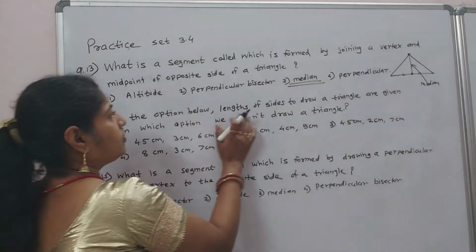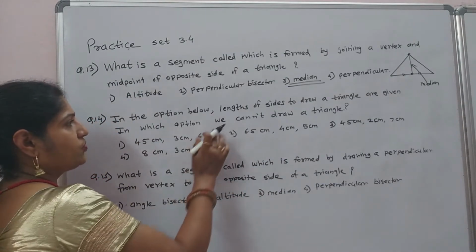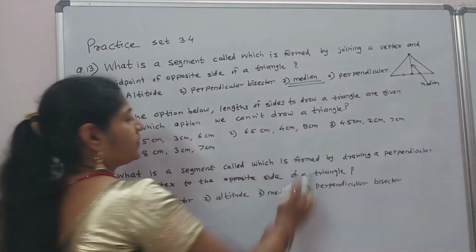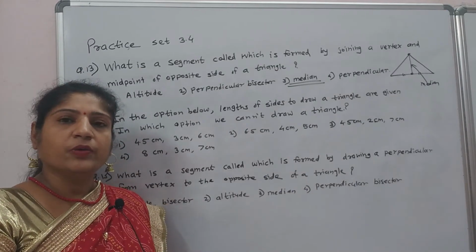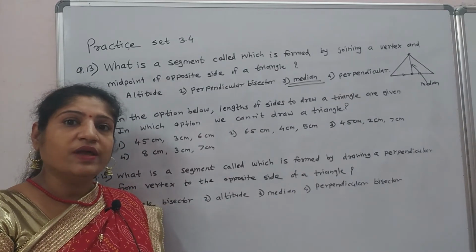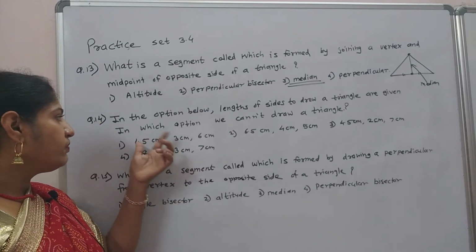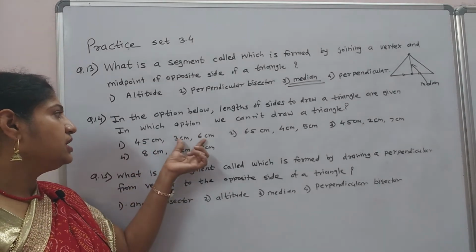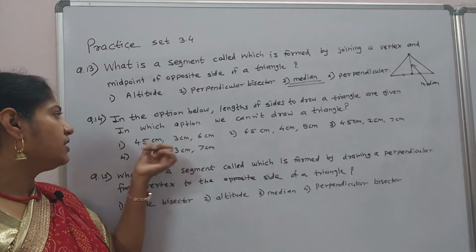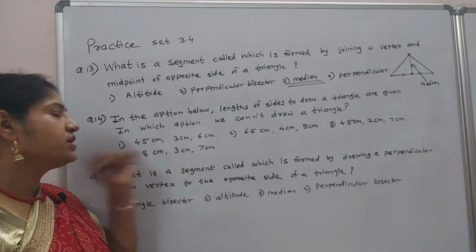In the options below, lengths of sides to draw a triangle are given. In which option can we not draw a triangle? Use the rule: the sum of two sides of a triangle is always greater than the third side. Here 4.5 plus 3 is 7.5, greater than 6. 3 plus 6 is 9, greater than 4.5. 4.5 plus 6 is 10.5, greater than 3.